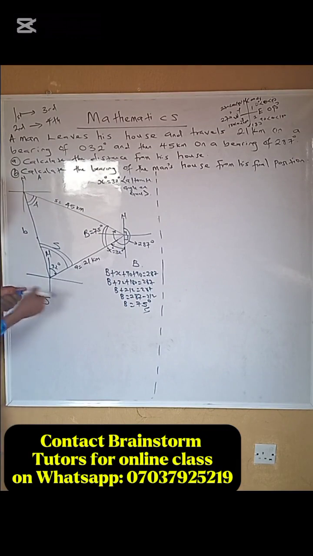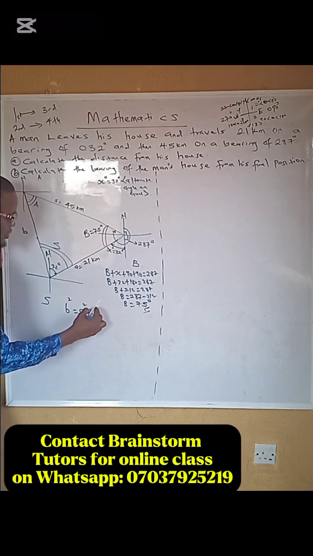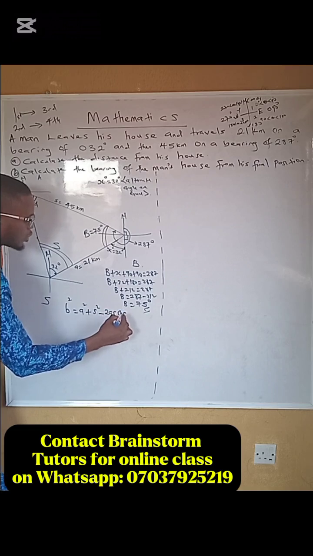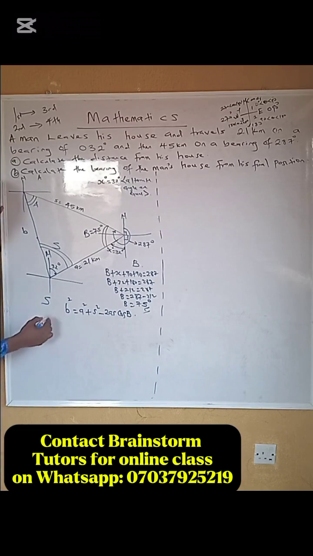Now, to use cosine rule, I'm going to have b squared, since it's this side I'm looking for. b squared equals a squared plus s squared minus 2as cos B. So now I'm going to just continue.